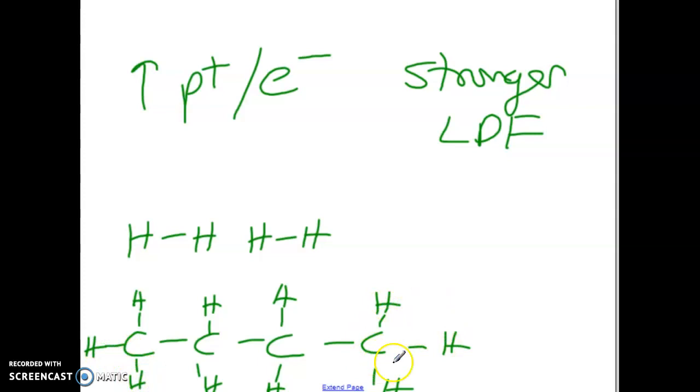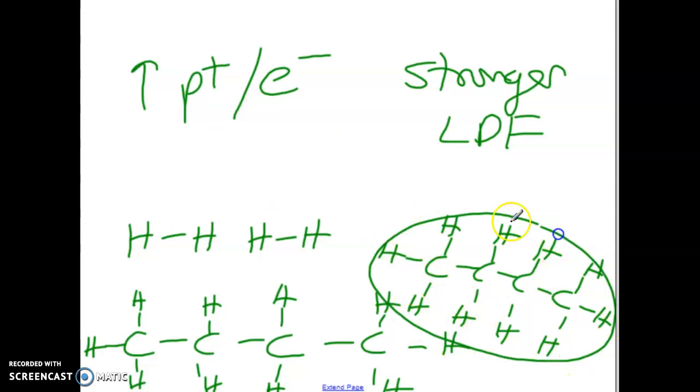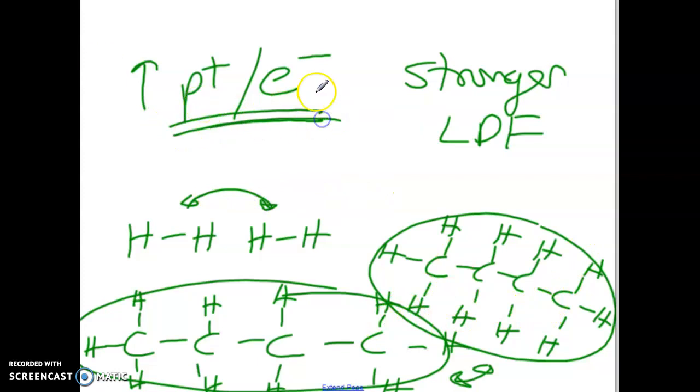So let's say I have a very big molecule next door to another big molecule. Like imagine I have the same thing on this side. Even though these are non-polar, the number of protons here and electrons here are more than comparing these two molecules. So the more protons and electrons molecules have, the stronger the LDF is.